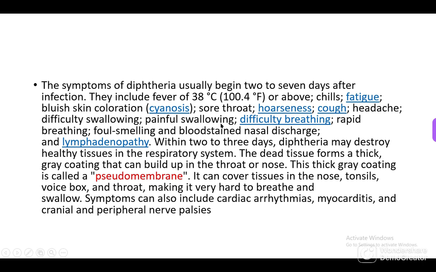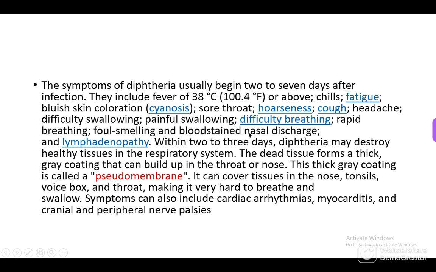Very painful condition. Difficulty in breathing because of the swelling of the larynx, and rapid breathing, foul smell because of bad mouth hygiene. There is putrefaction going on in the mouth, and blood-stained nasal discharge because it is also eroding the nasal mucosa.